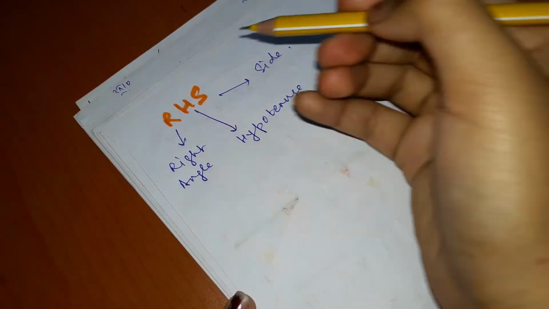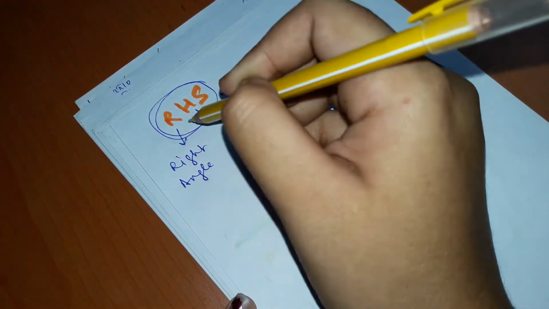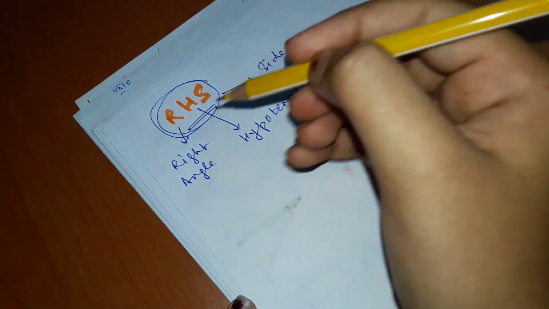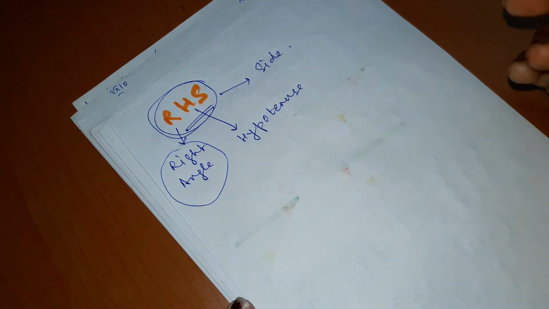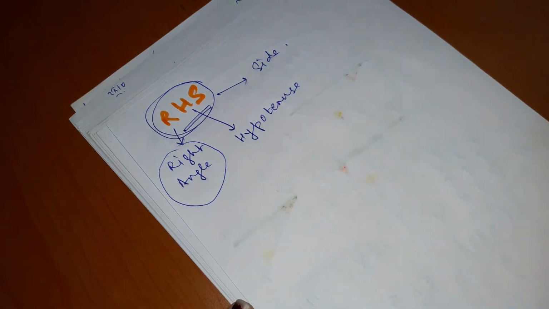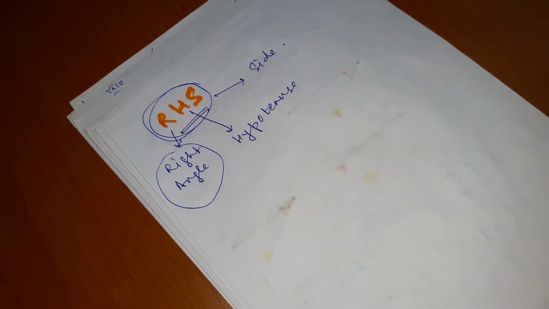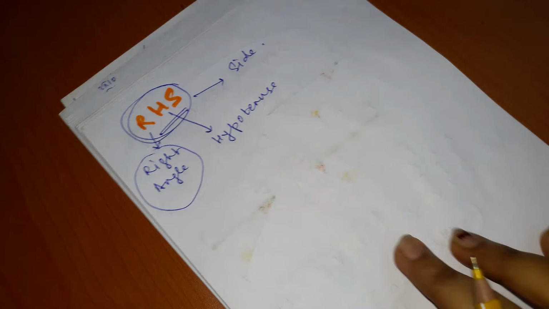For the RHS criterion, the important thing is the right angle. For two triangles to be congruent by RHS criteria, they have to be right triangles. It means there has to be a 90 degree angle in the two triangles.